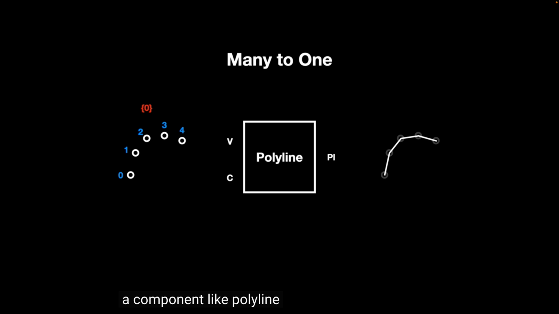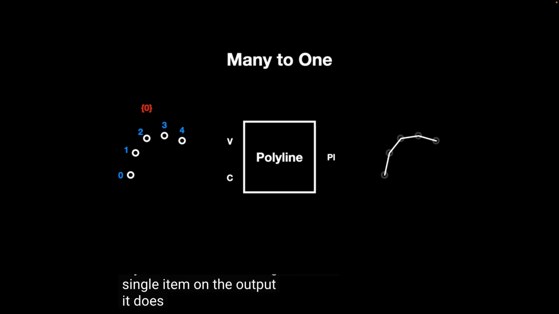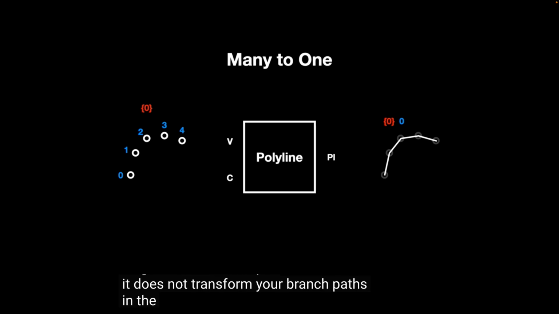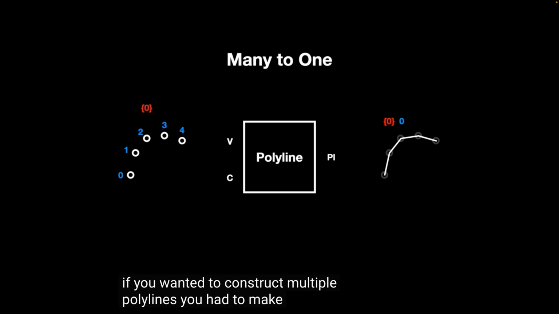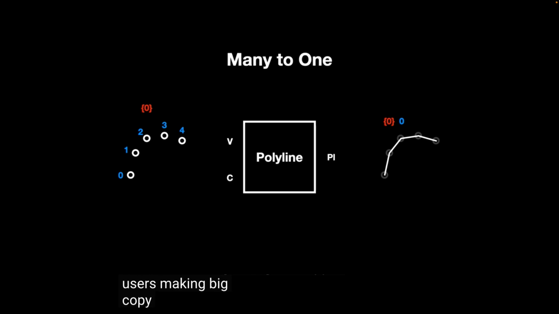A component like polyline is a many-to-one component. If you feed it a list, it will generate a single item on the output. It does not transform your branch paths. In the olden days of Grasshopper, before there were data trees, if you wanted to construct multiple polylines, you had to make multiple copies of the polyline component. And I still see beginner Grasshopper users making big copy-paste stacks of sets of components.